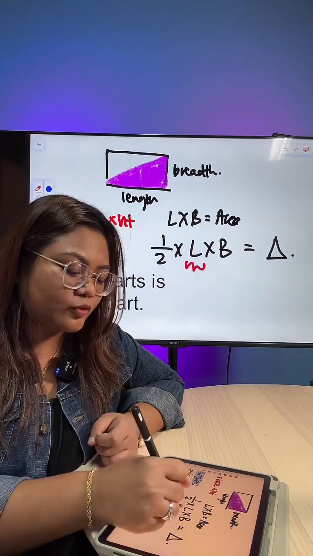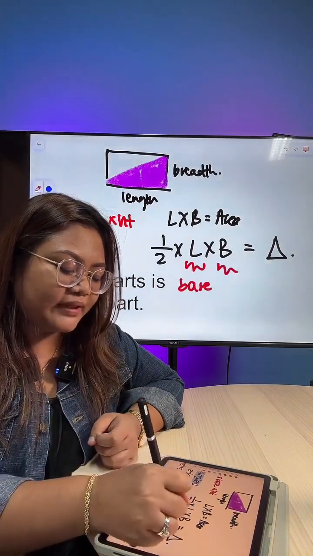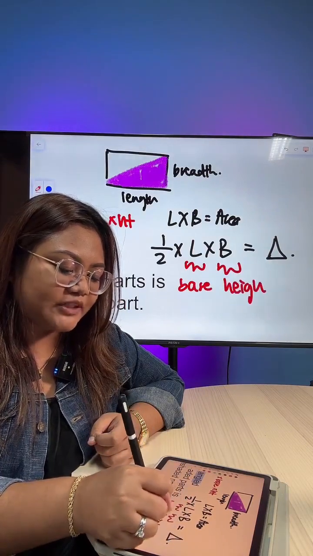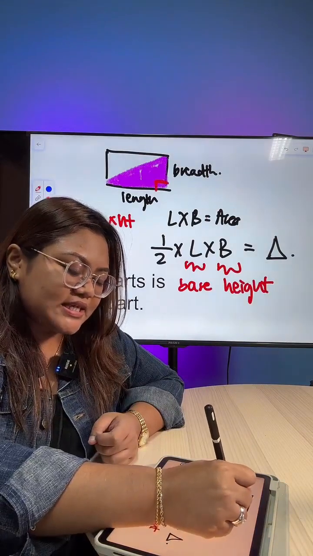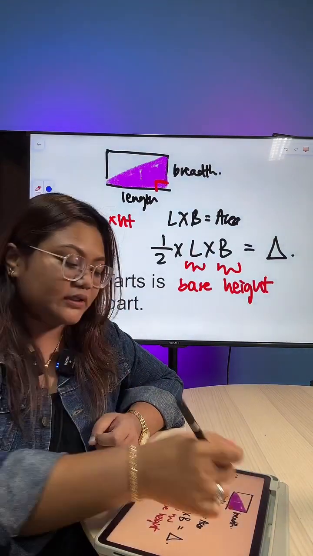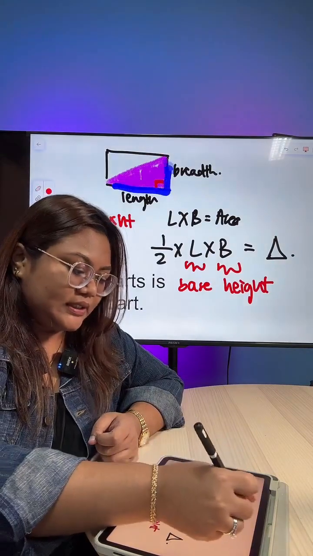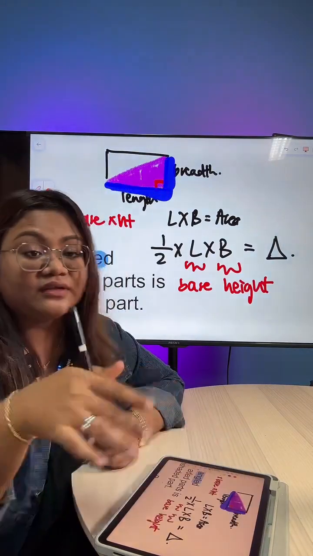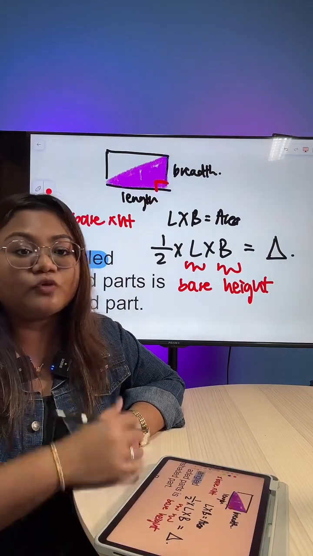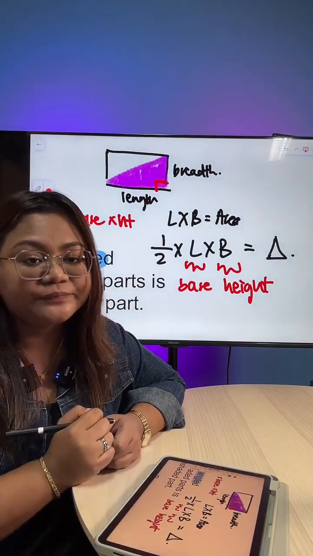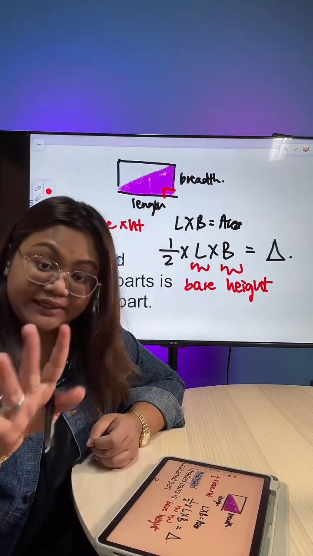So we change the length to become base, breadth we become height. And this height must be perpendicular because it is coming from a rectangle. And the rectangle has 90 degrees, right? All rectangles got 90 degrees, right? That's why the height must be perpendicular, okay, to form that rectangle. Got it? Okay, so far can?